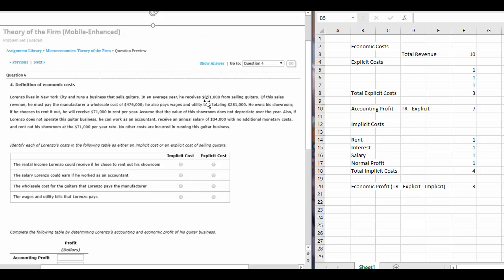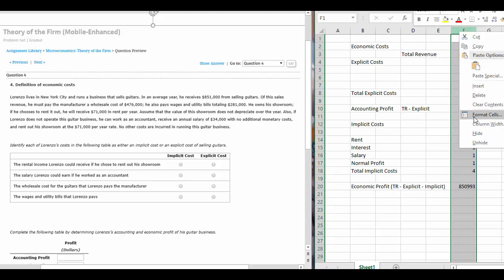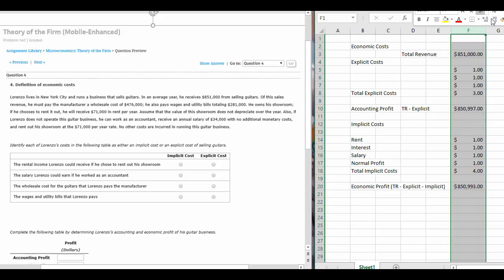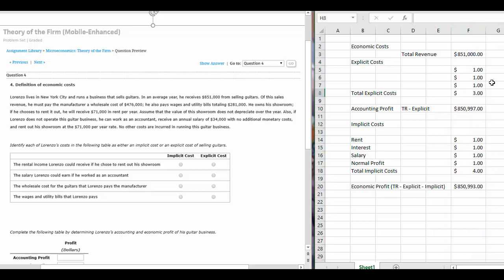So if we go up here and start putting in the things in the chart, it looks really good to start with. He receives $851,000 from selling guitars. Let's format for currency. Okay. Of these sales revenue, he must pay the manufacturer the wholesale cost.